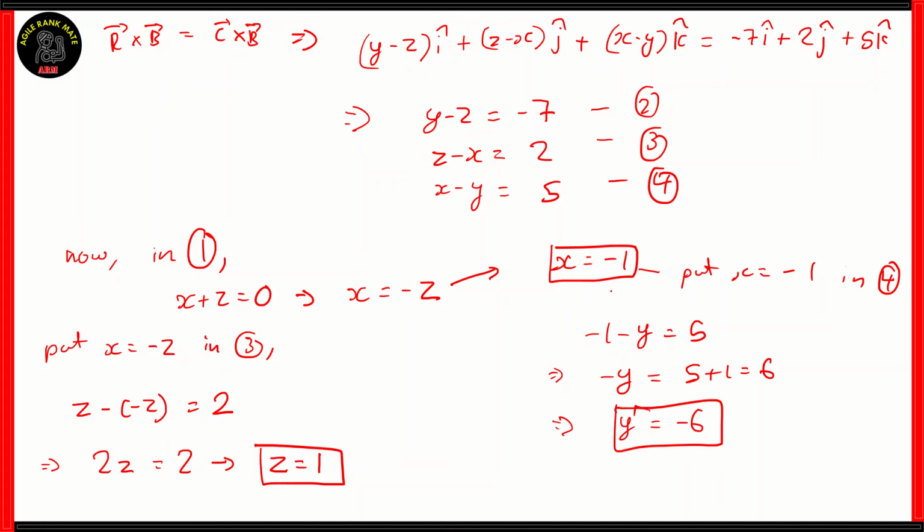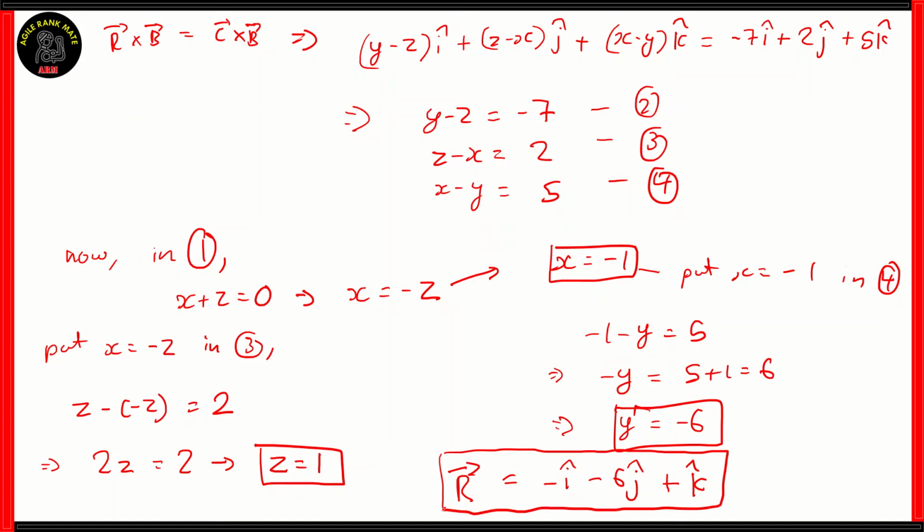So the value of x is minus 1, the value of y is minus 6, and the value of z is 1. So therefore the vector r for this question would be equal to minus i cap minus 6j cap plus k cap. So this is the vector that would satisfy the two products, the dot product r bar dot a bar and the cross product r bar cross b bar being equal to the cross product c bar cross b bar.